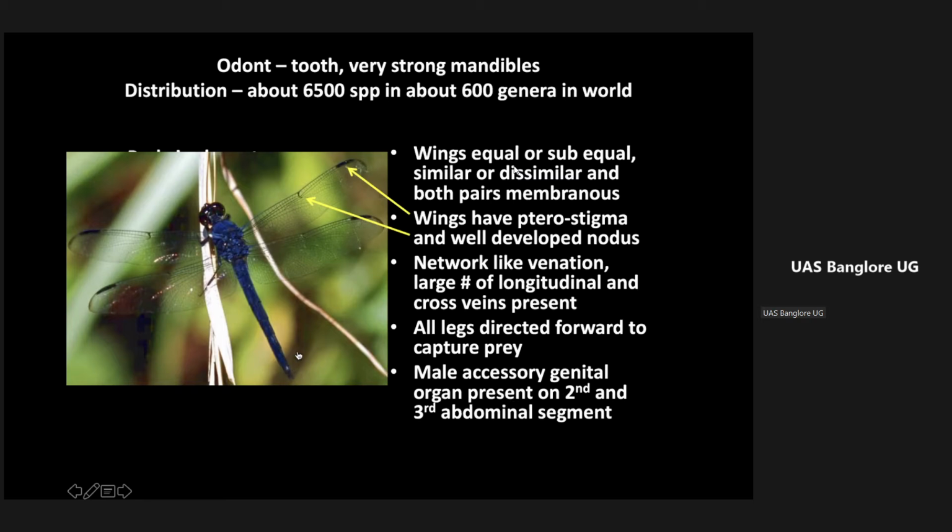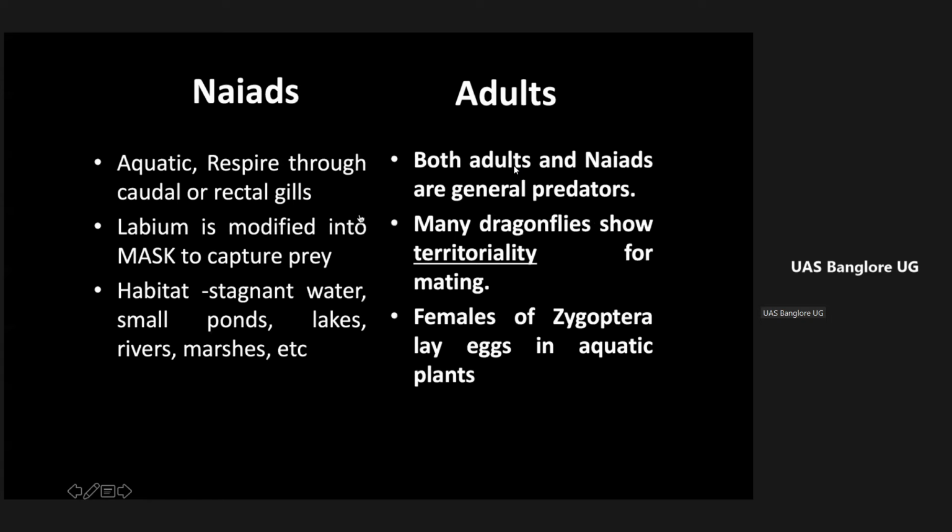Usually, in most insects, the male reproductive structures are present on the last few segments of the abdomen, right? But in this case, the male genital organ is present on the second and third abdominal segment. Quite interesting, quite different from the rest of the insects. I'll get into that later.